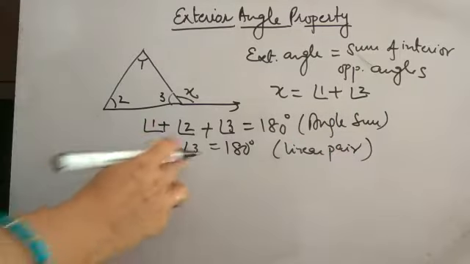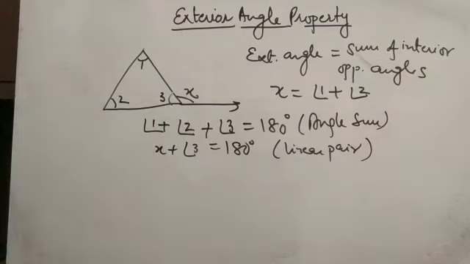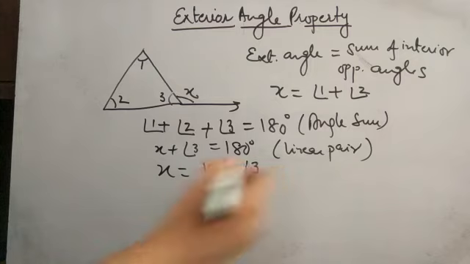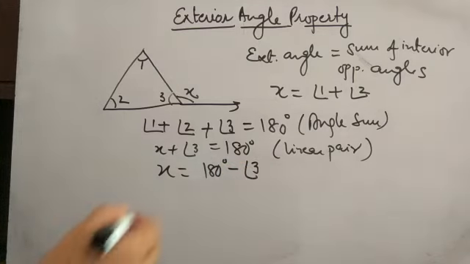x plus angle 3 is equal to 180, by linear pair. So x is equal to 180 minus angle 3.